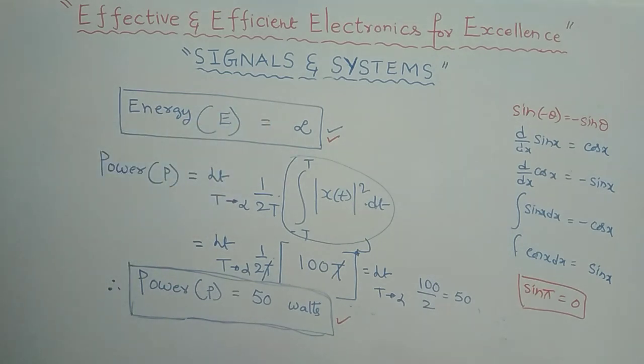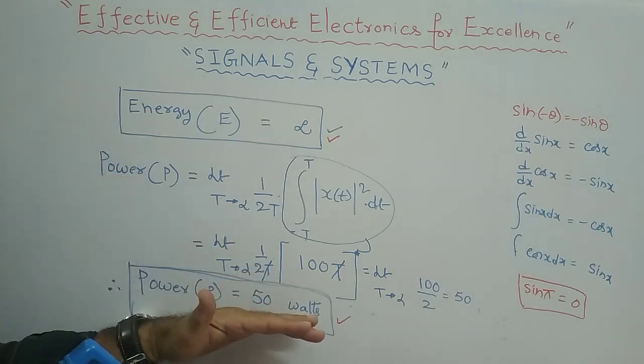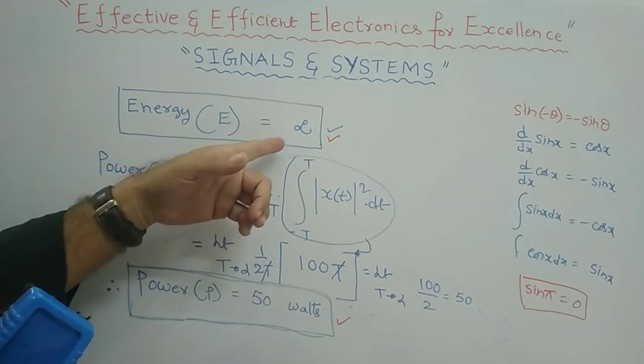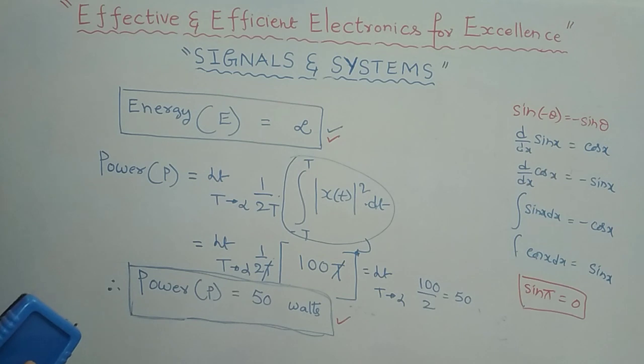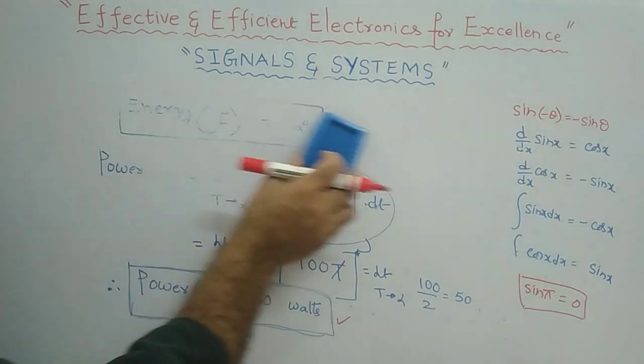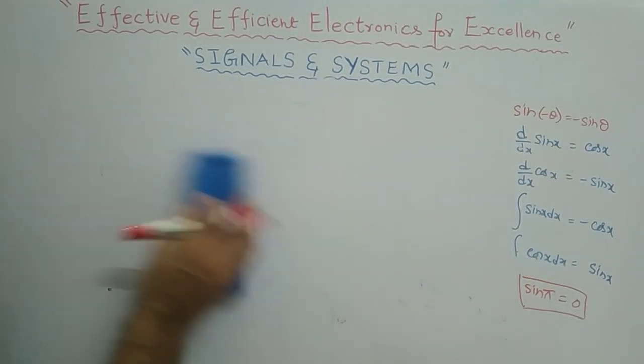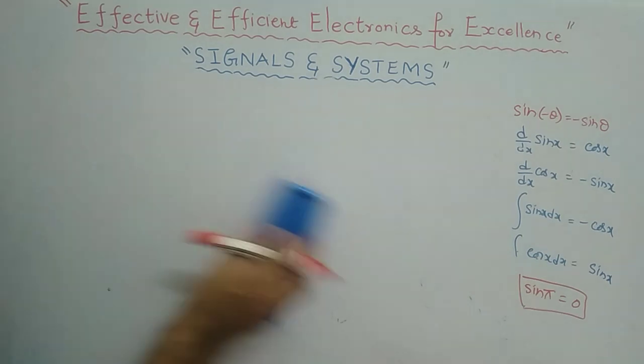Clear? If you recall our previous presentation, I already mentioned this point. For a periodic signal, the power is finite and the energy is infinite. Therefore, the given signal is periodic, and it is also called a power signal, because it has finite power as well as infinite energy.